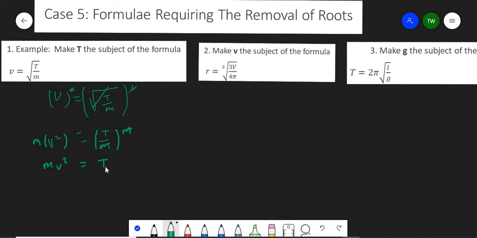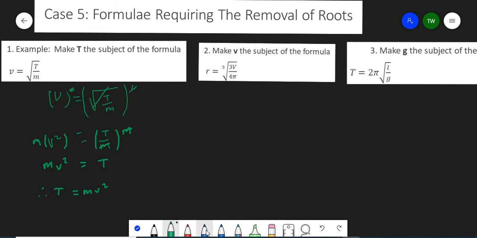Right? Now t is the subject, but we normally write the subject on the left hand side. So we're going to write a final statement to say therefore t is equal to m v squared, and we're finished there.